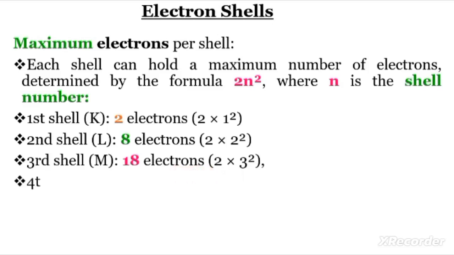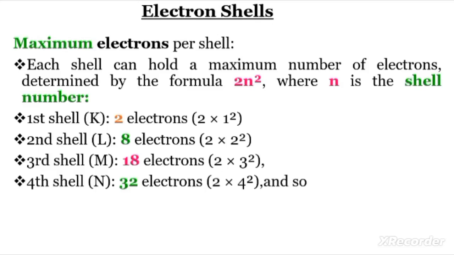Let us move to the fourth shell. So for the fourth shell, we are going to apply the same formula. Where there is n, we are going to write 4. 4 to the power 2 is equal to 16. 16 times 2 is equal to 32.